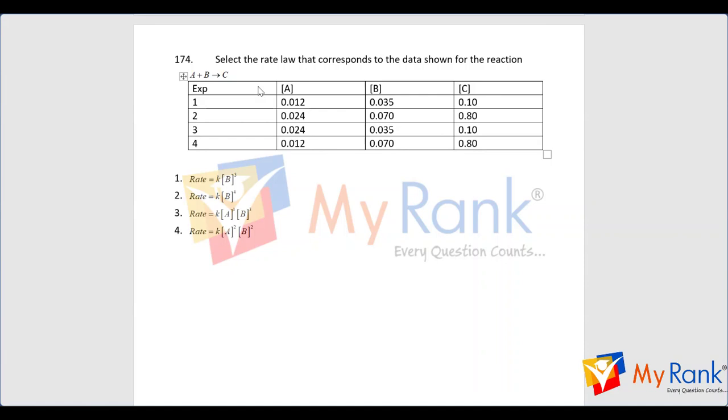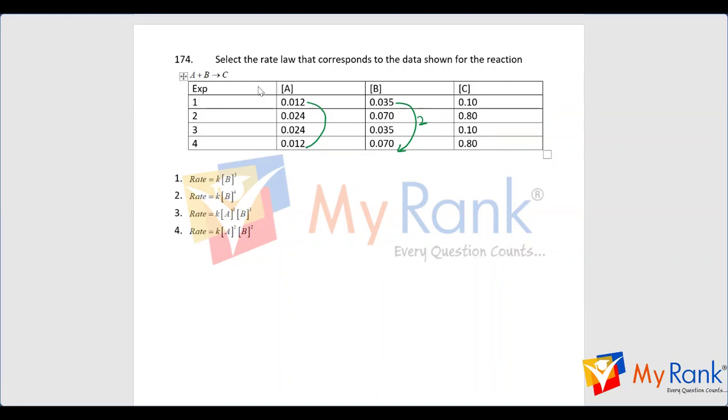From the data, the concentration of A is constant in the first experiments, but here the concentration of B increased by 2 times.